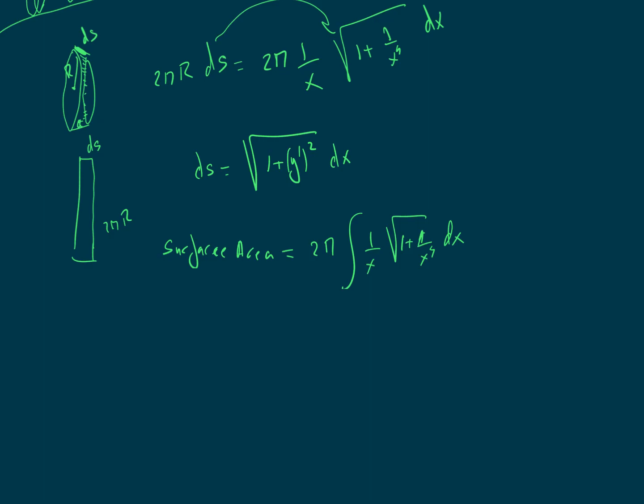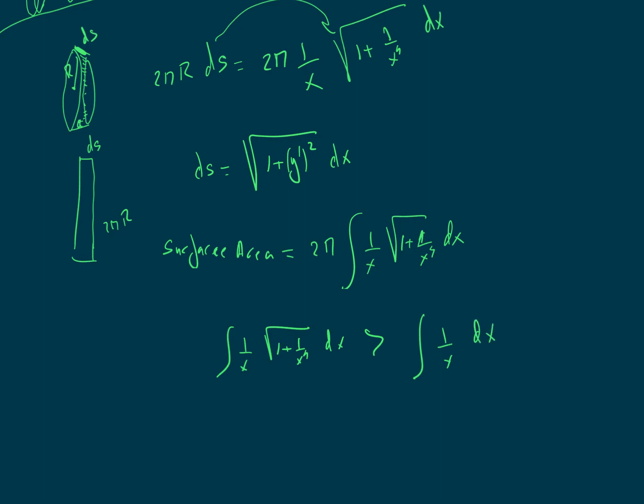So the integral of 1 divided by x times the square root of 1 plus 1 divided by x to the fourth dx is bigger than the integral of 1 divided by x dx.